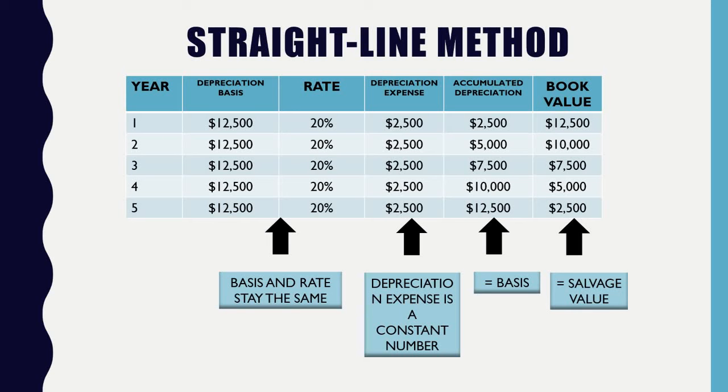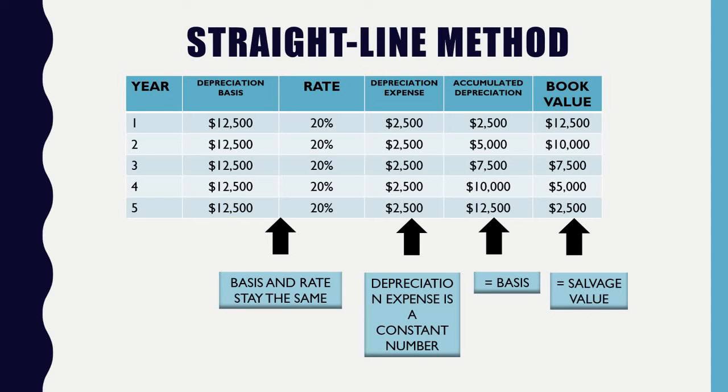That's why it's so easy, because once you solve for one, it's going to be the exact same thing every year. So the only things you're going to be calculating are your accumulated depreciation, as well as determining the book value at the end of its useful life.